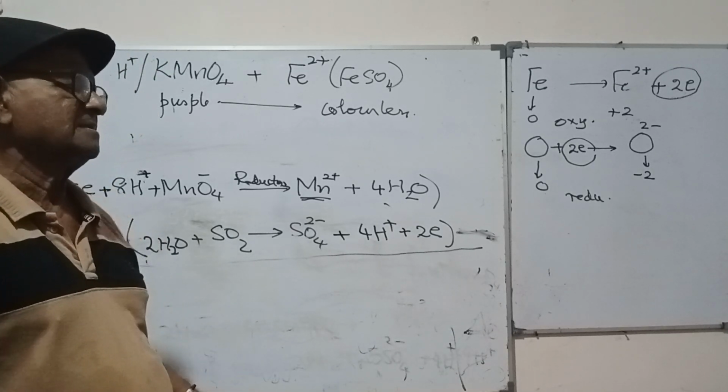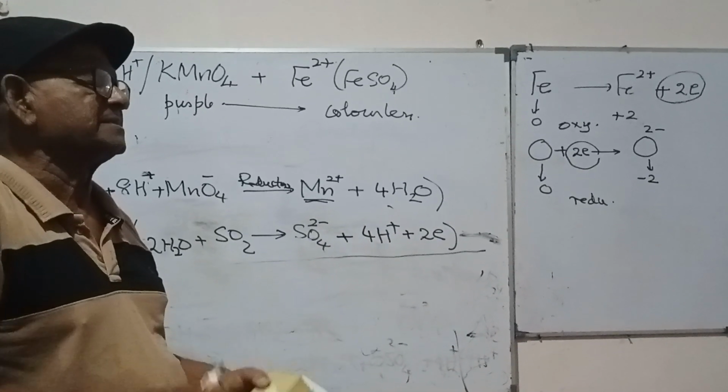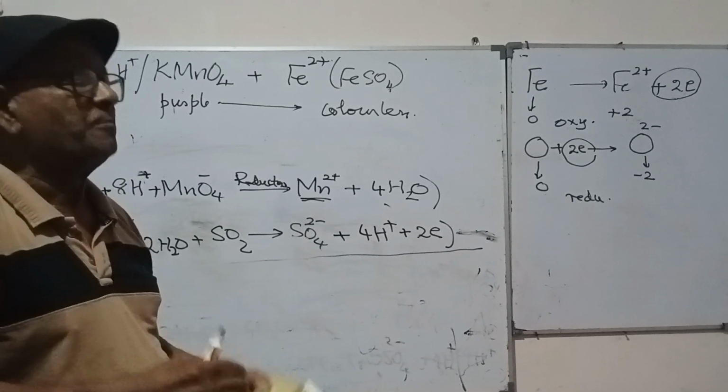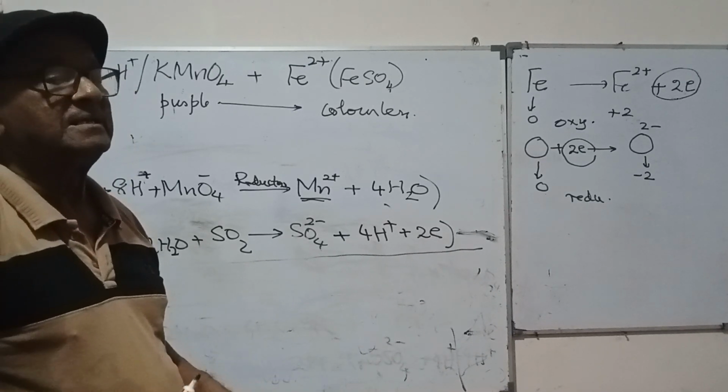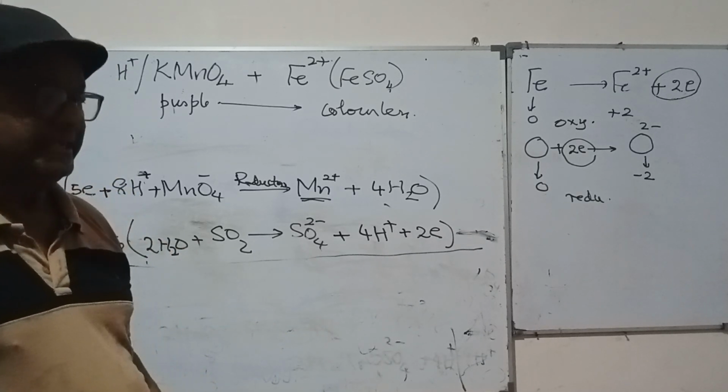Oxidation half reaction, reduction half reaction, how we write them, then by adding them, how we obtain the final balanced ionic equation, right?